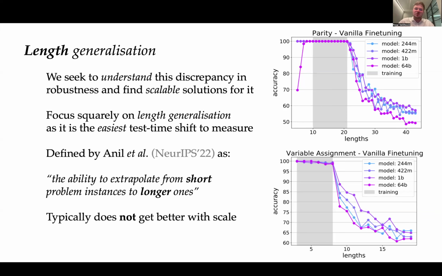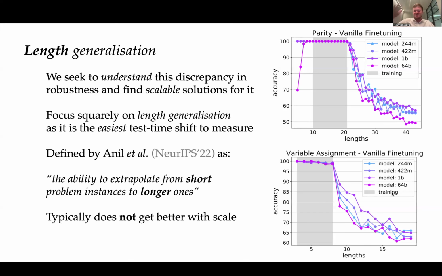And one very typical property of length generalization is that outside of the training set, so here we have two specific tasks studied in that paper, like parity and variable assignment, you get really good performance in the training regime. These are the lengths highlighted in the shaded region. But then as you ask the model to extrapolate to bigger problem sizes, you typically observe quick collapse. And another thing which is really important is that this collapse does not get any better as you scale up the model.